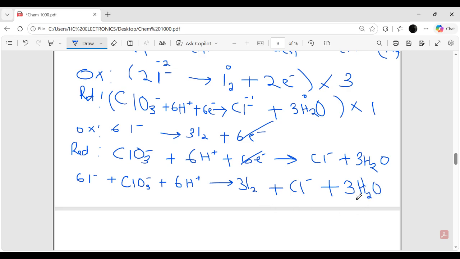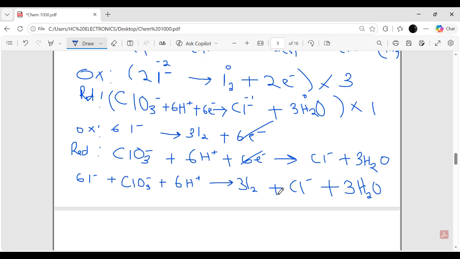Then you have your balanced equation in acidic medium. Now you have the hydrogen ions. If you try to calculate how many atoms there are, you have 6 iodine in the iodate, and 6 iodine here.